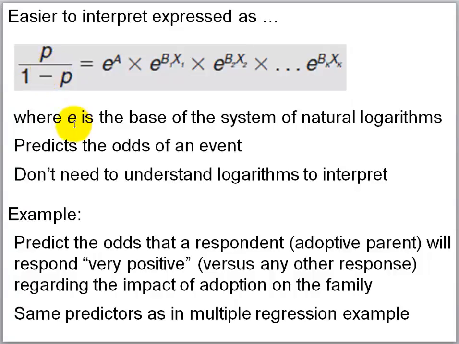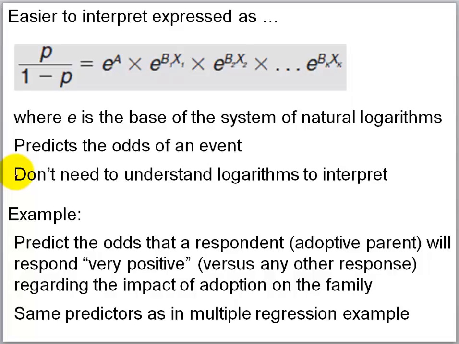In this formula, e is the base of the system of natural logarithms. The text has some footnotes to help you interpret logarithms. You don't need to be able to interpret logarithms or e to understand the formula expressed in this way. You'll see how to interpret the formula as we get into an example.